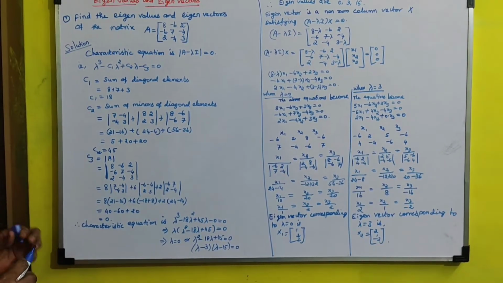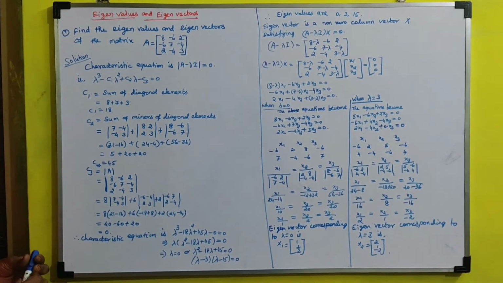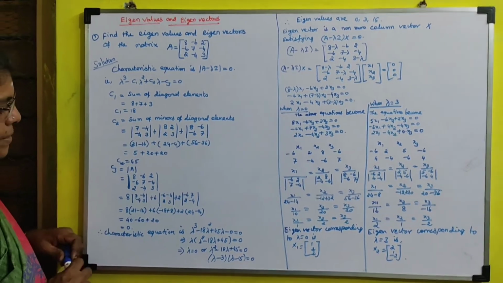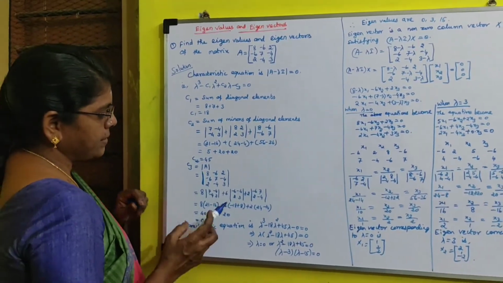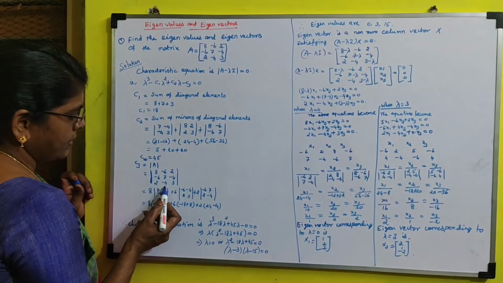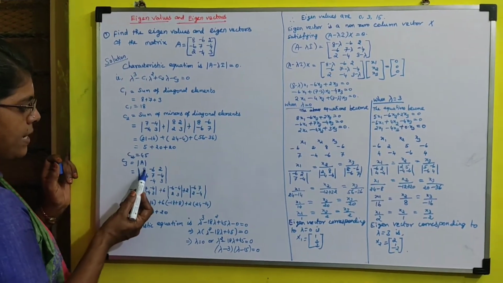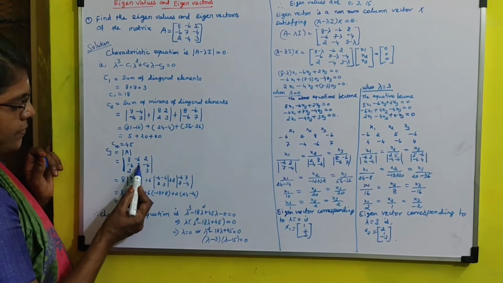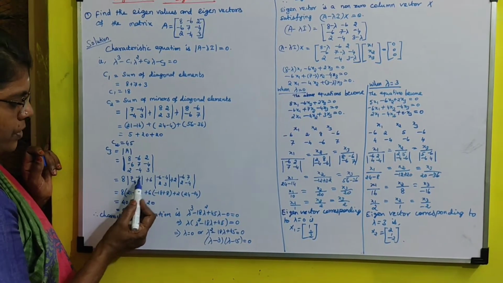Next is C3. C3 is equal to determinant of A. Determinant of the given matrix [8, -6, 2; -6, 7, -4; 2, -4, 3]. Taking the element 8 and leaving its row and column, the remaining elements will be [7, -4; -4, 3].